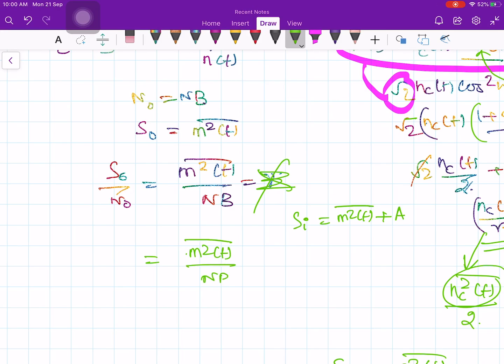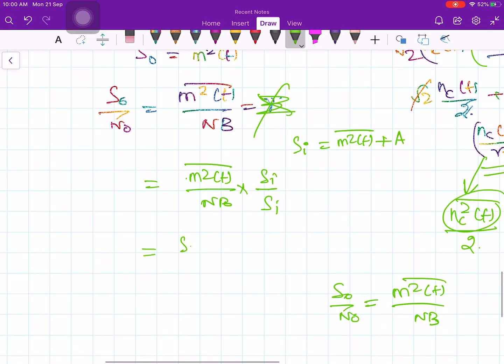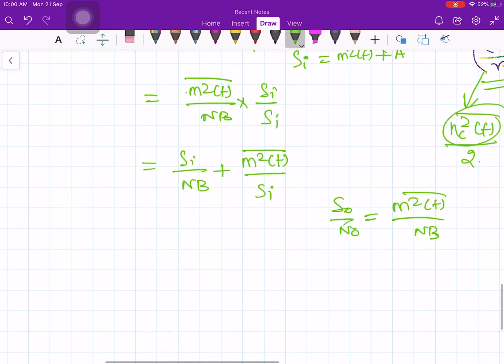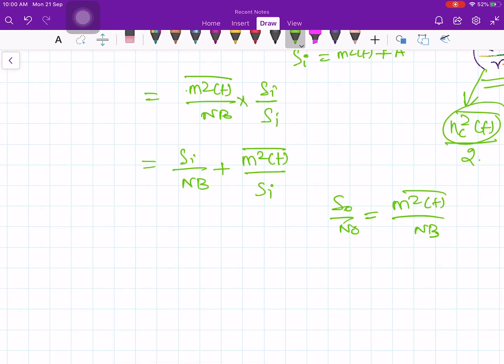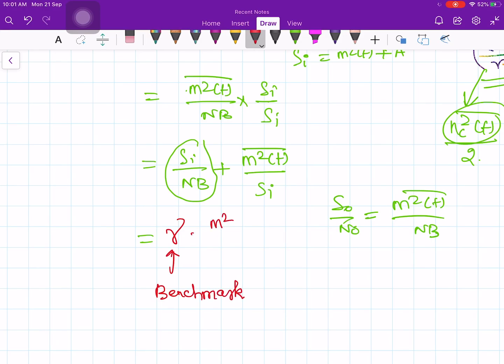You multiply both numerator and denominator by SI. Now rearrange this. SI by NB plus m square bar of t divided by SI. What is SI by NB? Now this is our friend gamma, what we got in the baseband communication systems, our benchmark gamma, times m square of t divided by SI.